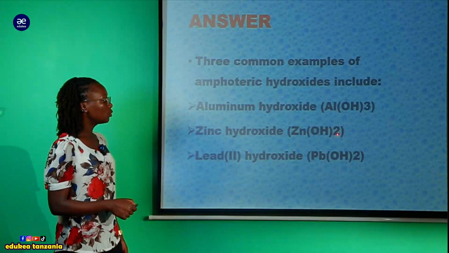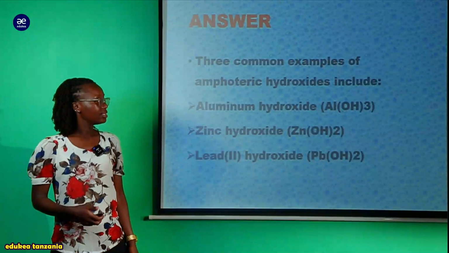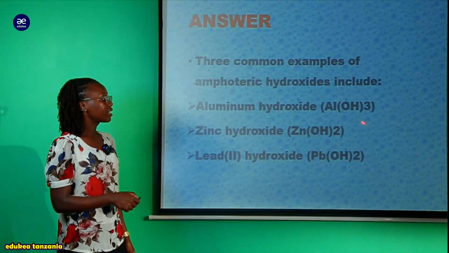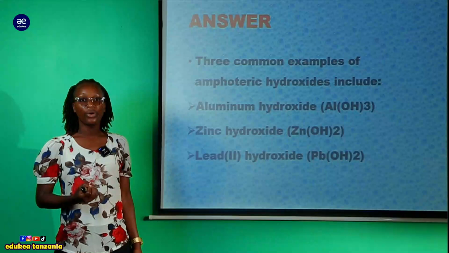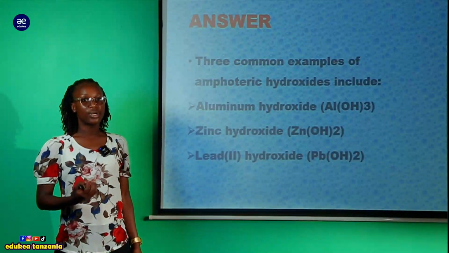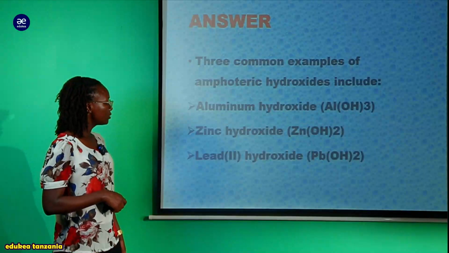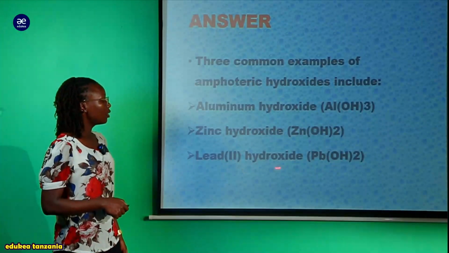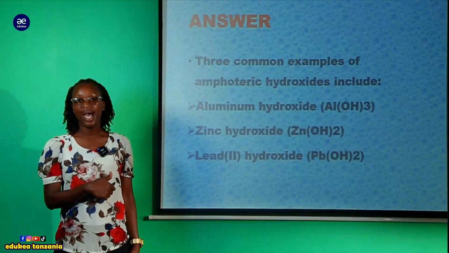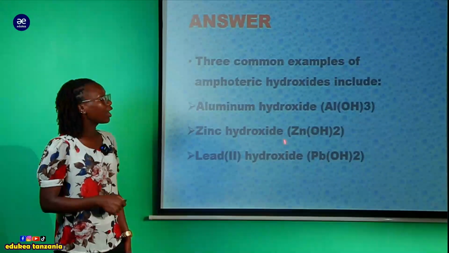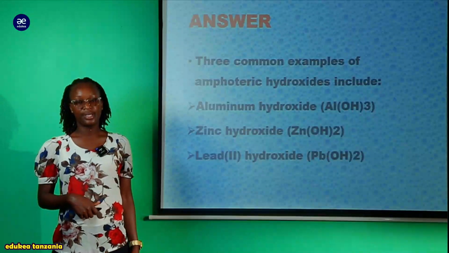Chemical formula zake ni hizi huku. Sina umuhimu wa kwanza ku describe how to write this because usha cover hii concept toka upo kidato cha kwanza, how to write the chemical formula of these compounds. But also we have lead(II) hydroxide. So these are some of the 3 common examples of amphoteric hydroxides.